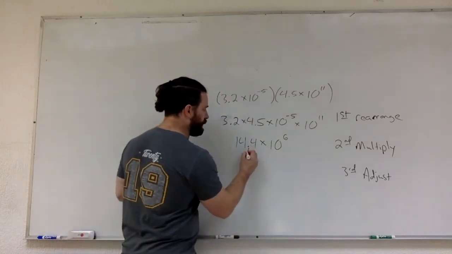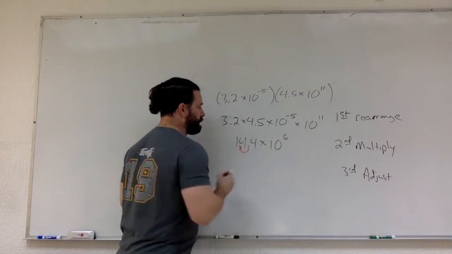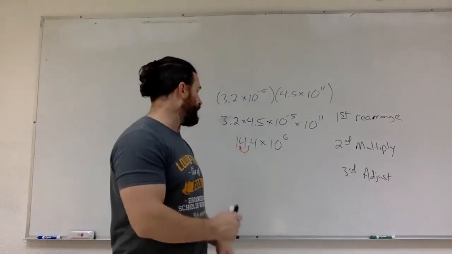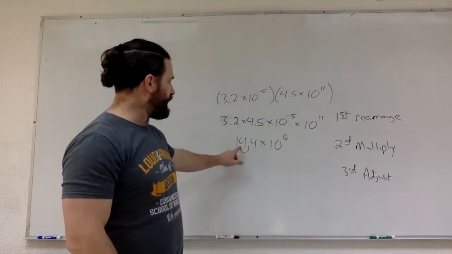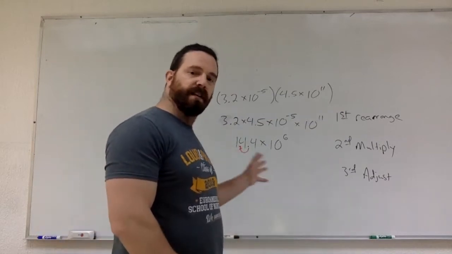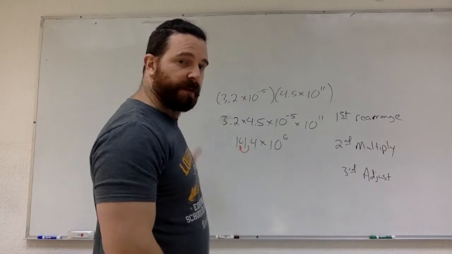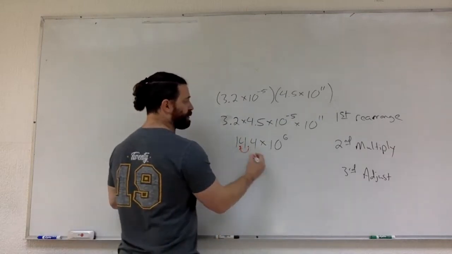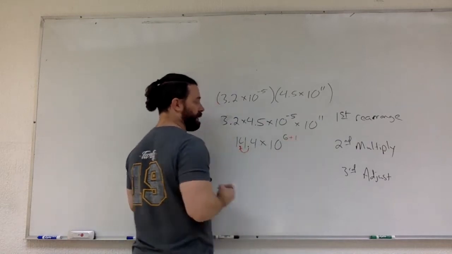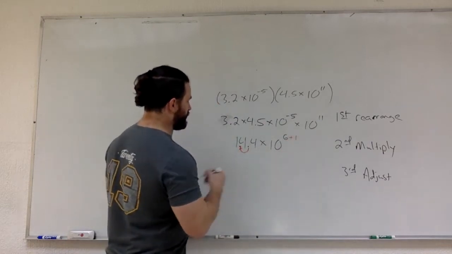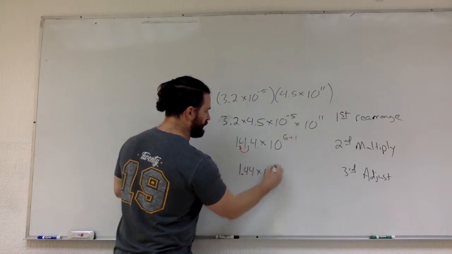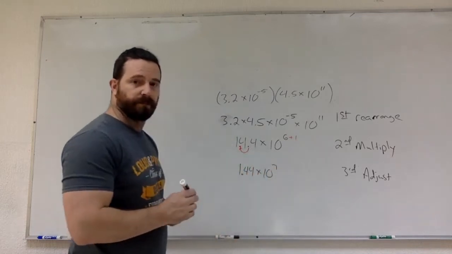Do we remember from the other lesson a week or two ago that whenever you move the decimal, if you move it to the left, it has to increase. So this will have to increase by 1, plus 1. So I'm going to get 1.44 times 10 to the 7th.